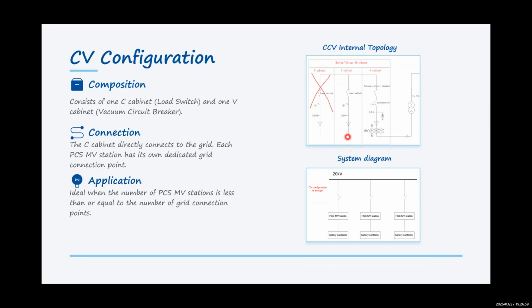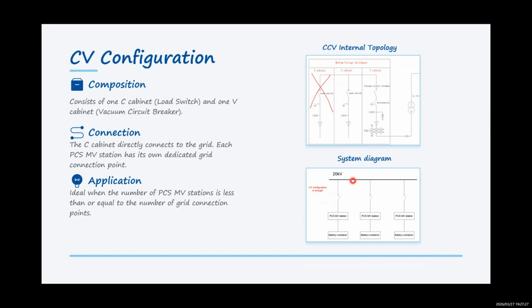That means only one PCS MV station can connect to each grid connection point, so 3 PCS MV stations connect to 3 grid connection points respectively. Now you have understood the difference between the CV and CCV.